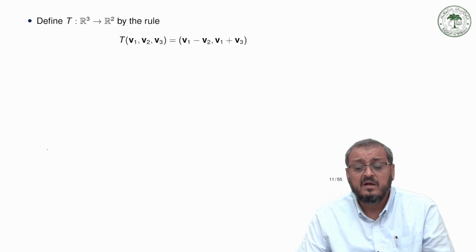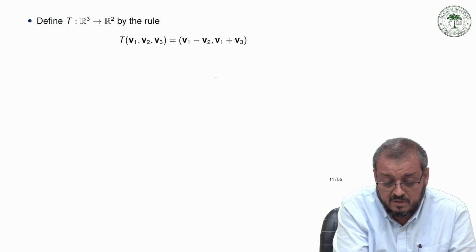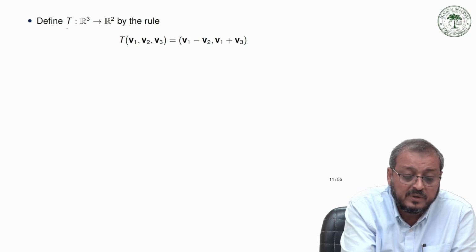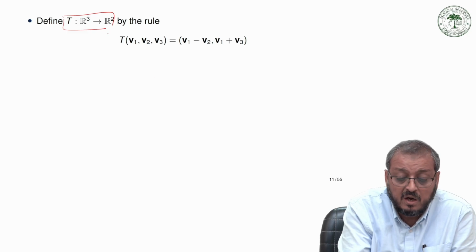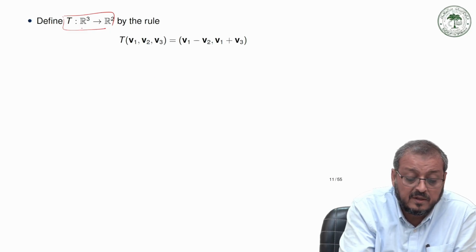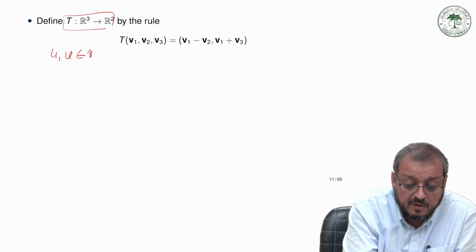We define a map in this form. Before we took R2 to R2, but now I take a linear transformation from R3 to R2. So this means we have to take two elements u and v in R3.